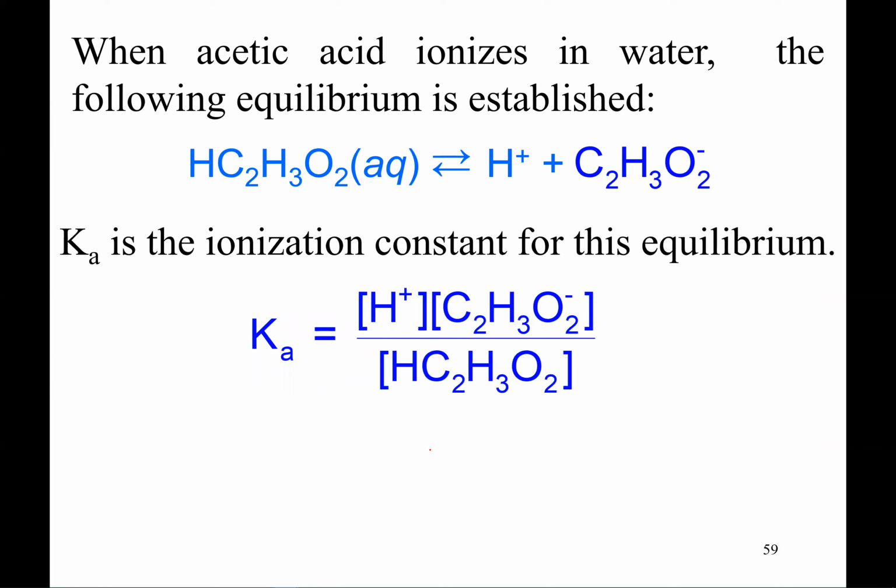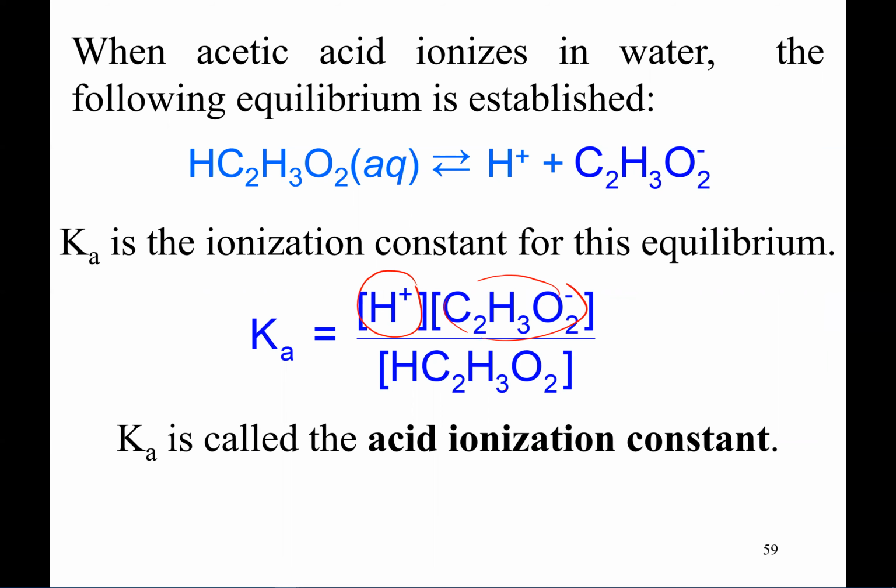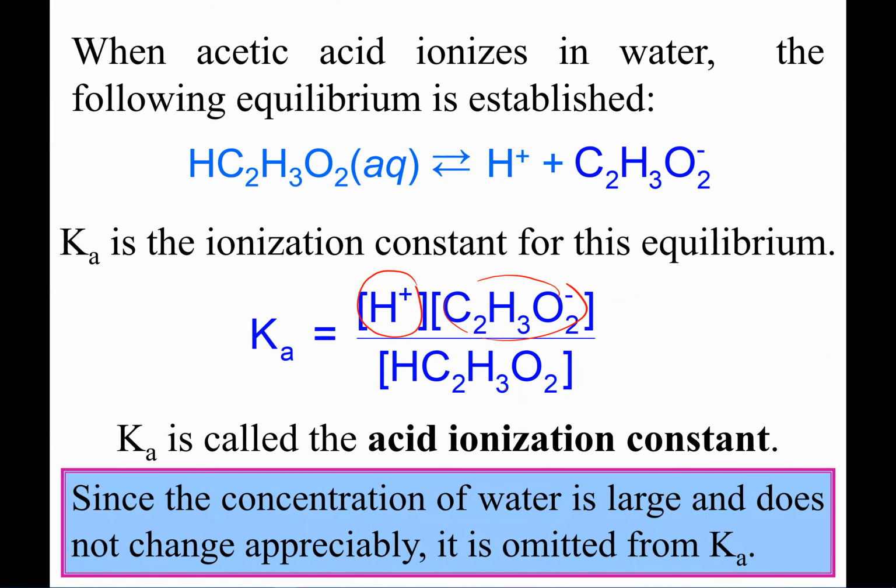So you have the values, and associated with this, you have the concentration of the H plus, that's from the pH, and then the acetate, and then the acetic acid alone. That's called the acid ionization constant. Since the concentration of water is large and does not change, it's omitted from Ka.